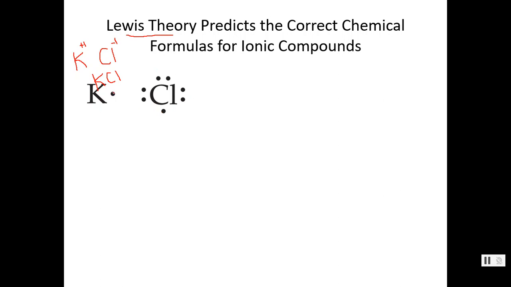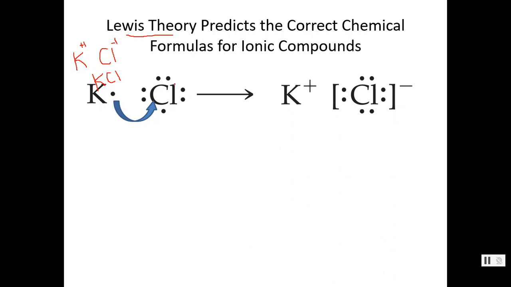Here is potassium with its 1 valence electron, which it would gladly donate to chlorine, because if you look at your periodic chart, if potassium loses an electron, it then has the same number of electrons as its closest previous noble gas, which is argon. So for potassium to completely transfer that electron to chlorine makes potassium happy. It makes chlorine happy with regards to the octet rule. And that is indeed what happens.